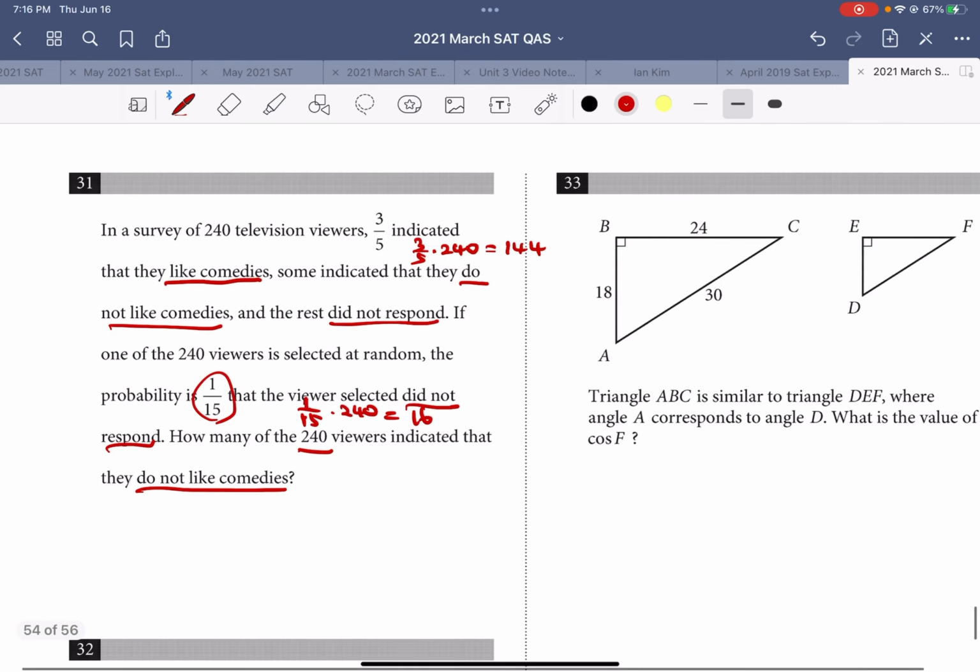So you can say total 240 minus 144 people who like comedies, and then 16 people who didn't respond. That means the rest of it is people who don't like, right? So when you subtract, that's 80. So 80 people don't like comedies. That's the answer. Okay.